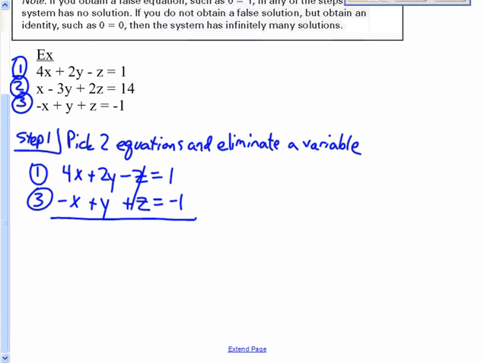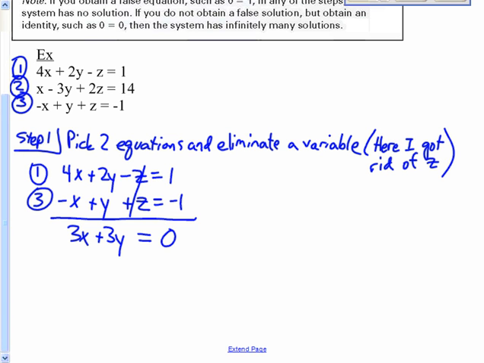So I'm going to get rid of z. So 4x minus 1x, I got 3x, 2y plus 1y right below it, 3y equals 0. So the z's eliminate. So I pick two equations and eliminate a variable. Here, I eliminated z. So I picked equation 1 and equation 3.